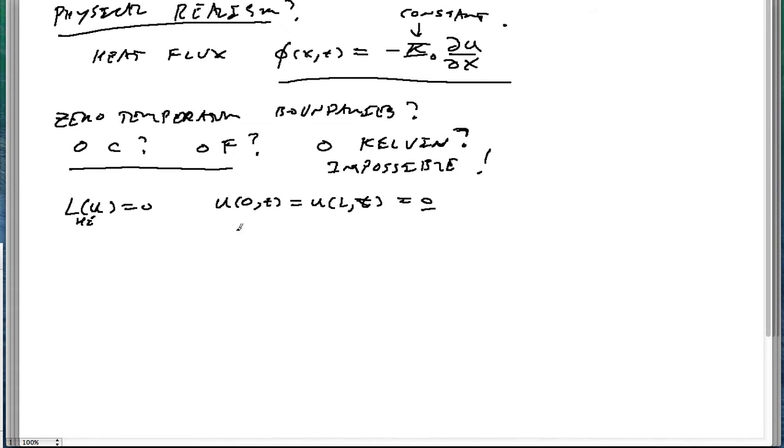Well, it doesn't really matter. In fact, 0 is arbitrary. Because let's say we want another boundary condition.